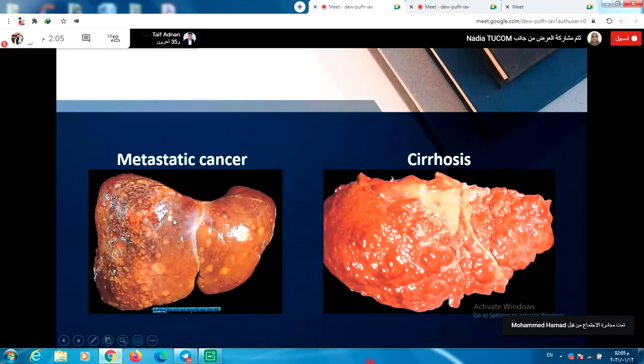This is metastatic cancer, meaning not primary. It is not a hepatocellular carcinoma arising in cirrhotic liver. As you know, the liver is a site for secondary metastasis from ductal carcinoma of the breast or from colonic carcinoma, gastric carcinoma through portal circulation.